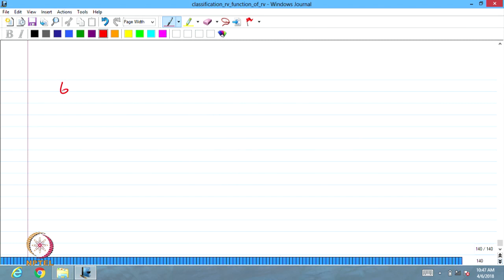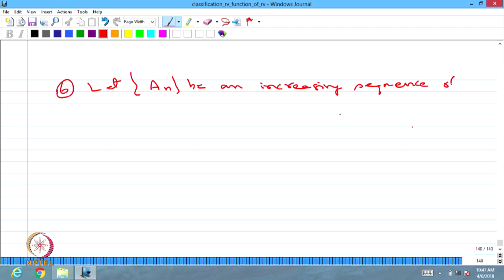The next result, let A suffix n be an increasing sequence of events or elements in F. The element in the F is nothing but the events.